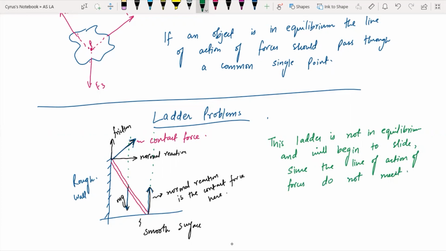So it is not in equilibrium. This ladder here is not in equilibrium because the lines of action of forces are not meeting, and there is friction, but there is no friction at the bottom. It is going to slide.